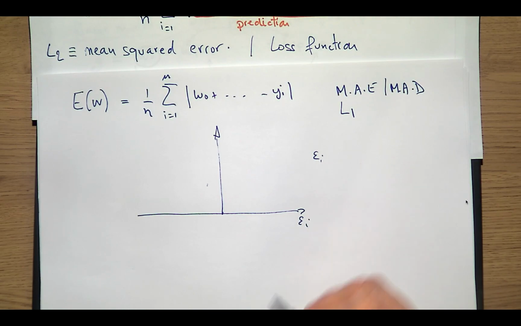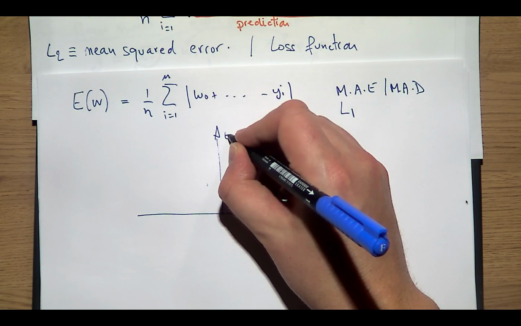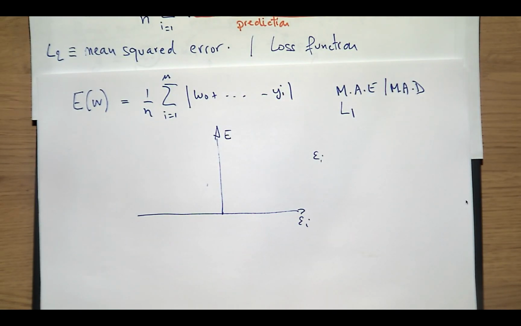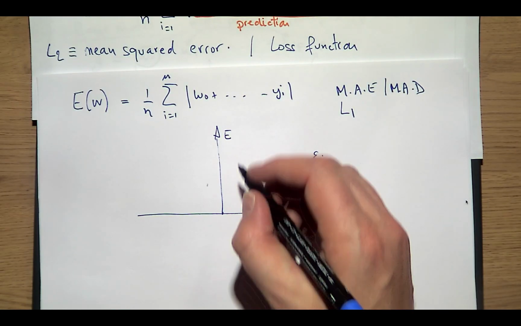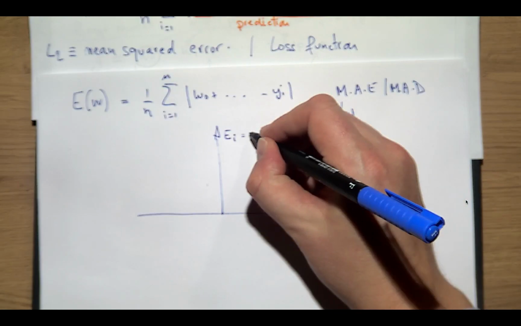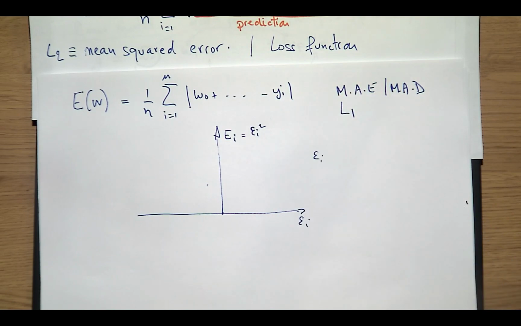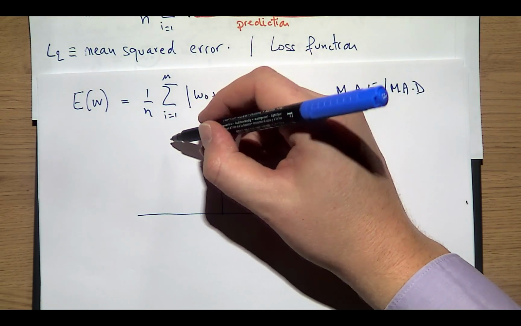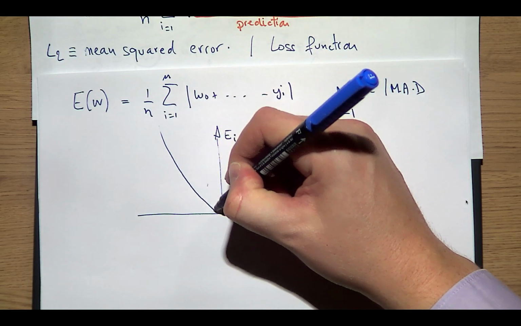This is the value of epsilon i, and this is the resultant error you have, the loss function associated. You combine all the errors for all the elements. So let's look at the L2 distance. The L2 distance is just the parabola, and you have something like that.